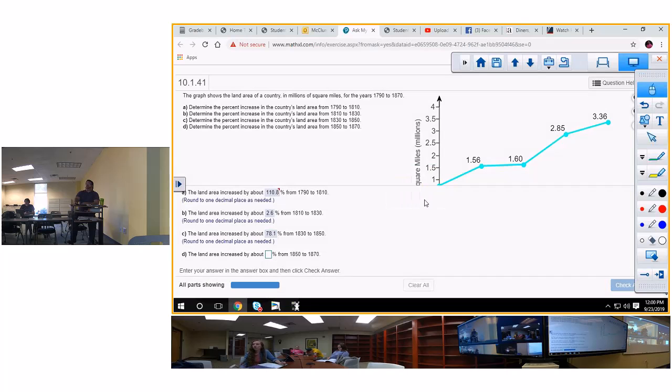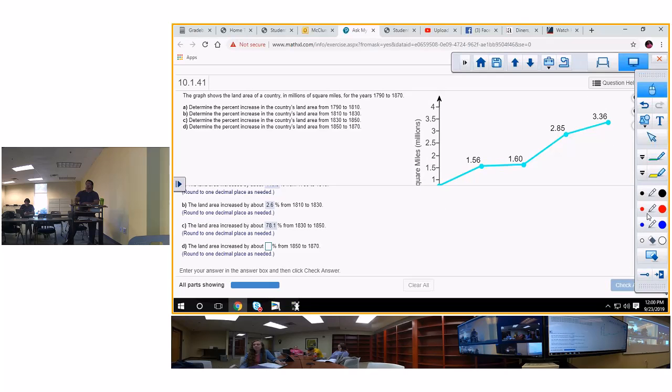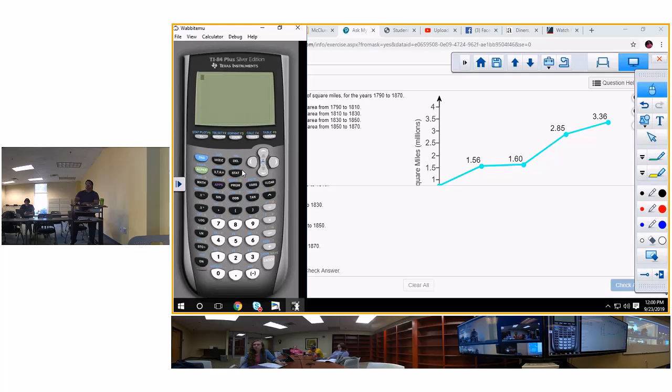All right, the next one. I'm going to do it on the calculator, that way somebody can see how to work their calculator. 3.36 minus 2.85. Enter. Divide by 2.85.